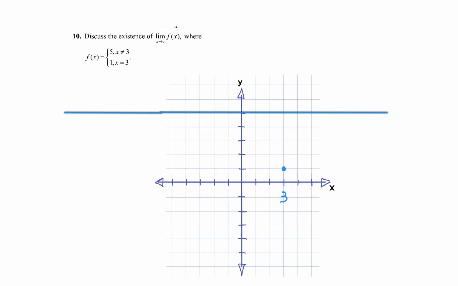So at x equals 3, this function is not the rectilinear line. So it takes the value of the function.